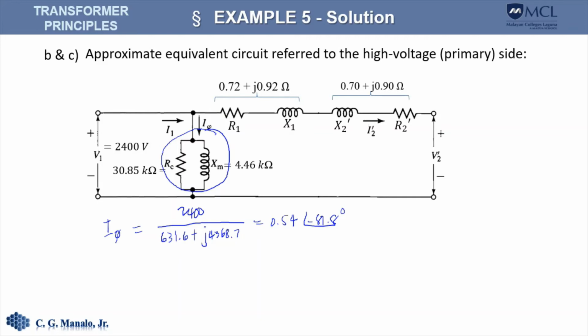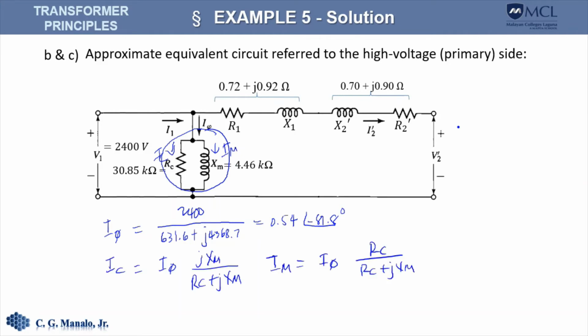Hence, this shows that the approximate equivalent circuit can be used as a replacement of the exact equivalent circuit. So we can determine from this I sub C and I sub M as well in a similar manner, and you will get almost similar results as the one we got earlier.